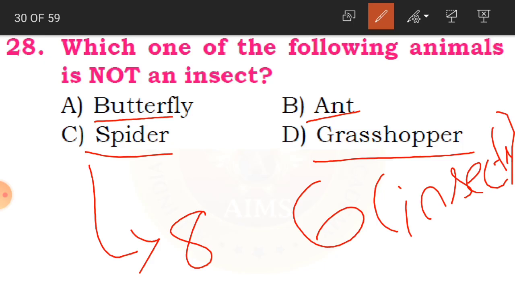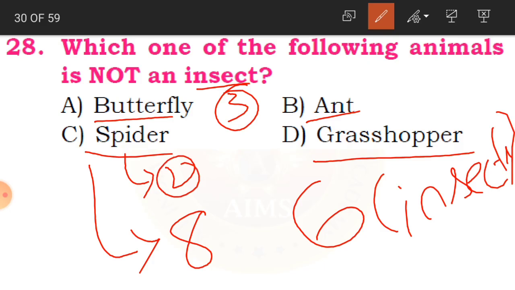Another thing is that insects have 3 main sections in their body, whereas spider has got only 2 sections.